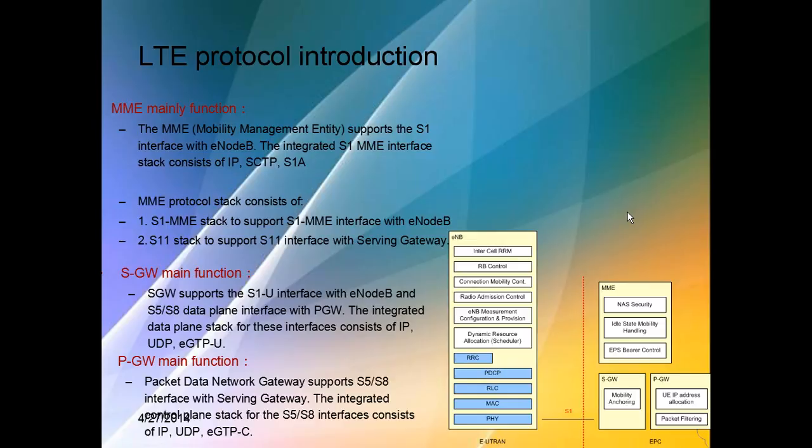The MME protocol stack consists of the S1 MME stack to support the interface with the eNB, and a stack that supports the S11 interface with the serving gateway. These are the functions of the different parts of the core.